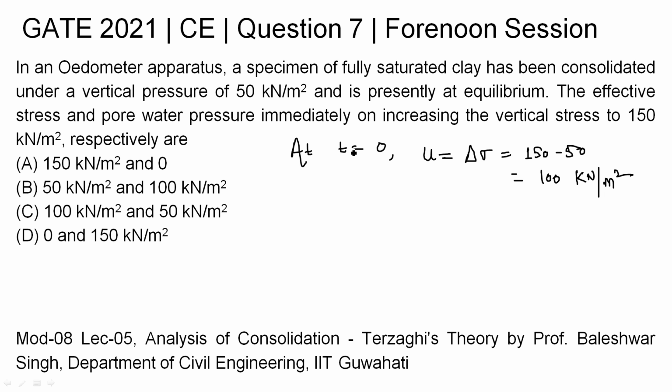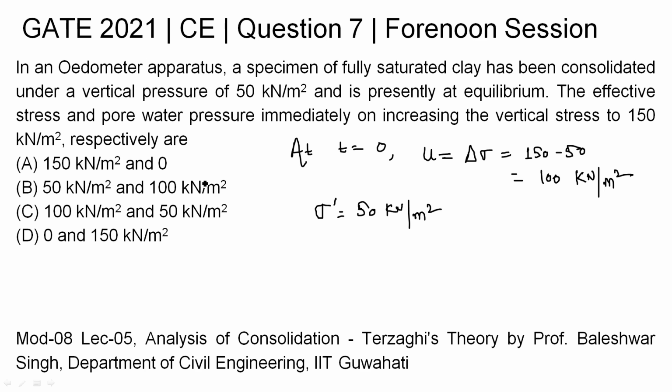So immediately, that is at time t equal to 0, the pore water pressure becomes 100 kN per meter square. Now what will be the value of effective stress? Effective stress will be the same as earlier, whatever the amount of stress was applied at equilibrium, that is the value of effective stress. So effective stress will be the same as earlier, which is 50 kN per meter square.